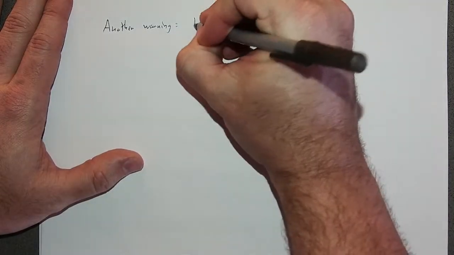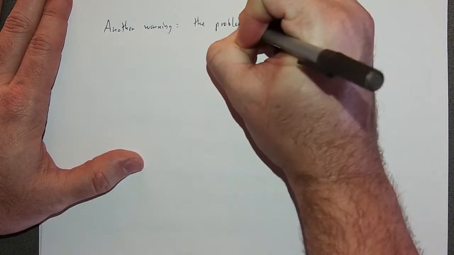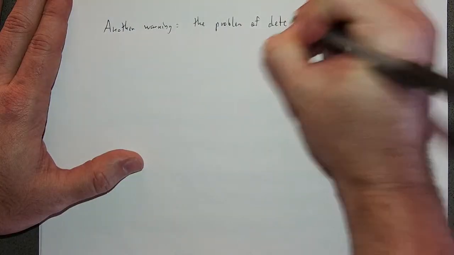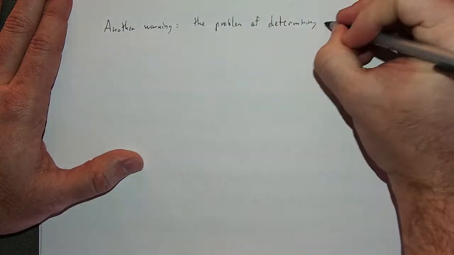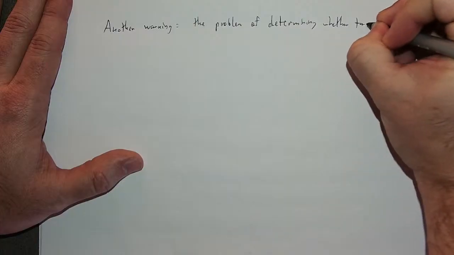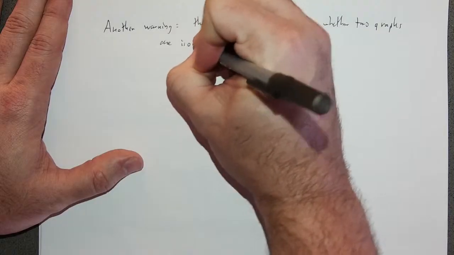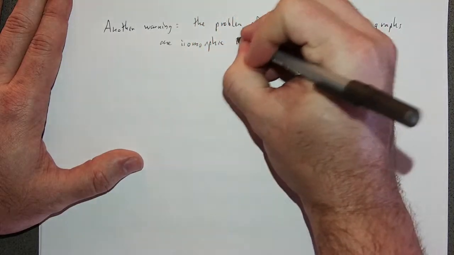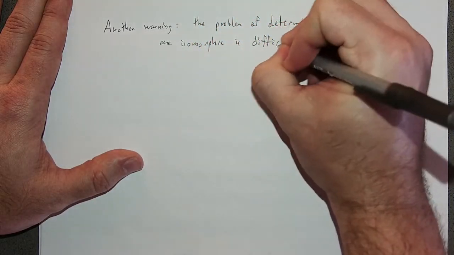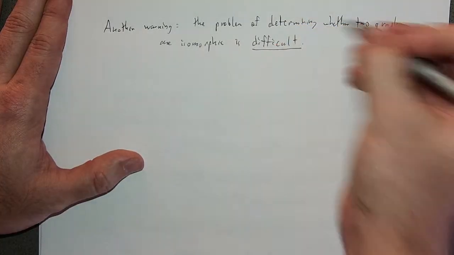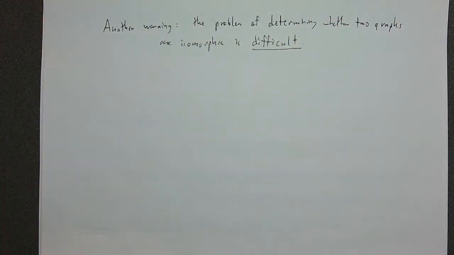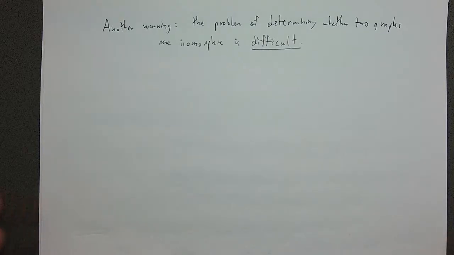The question of determining whether two graphs are isomorphic is difficult. This is not something that is very easy in general.